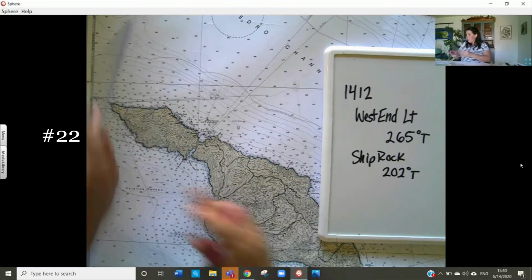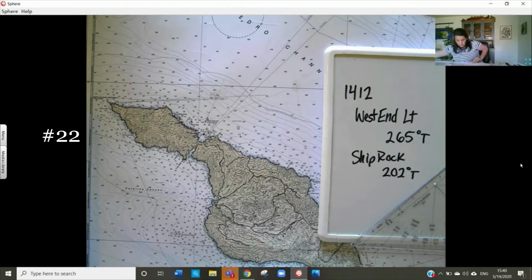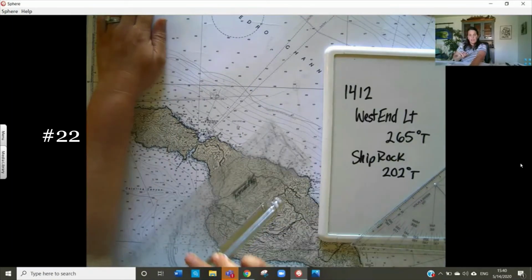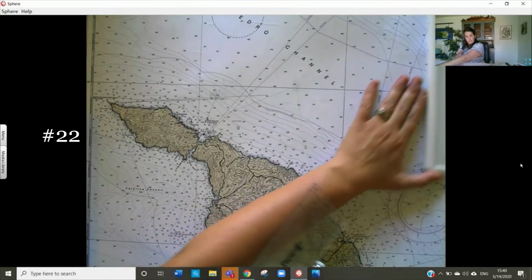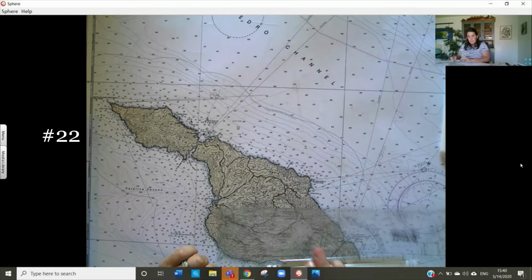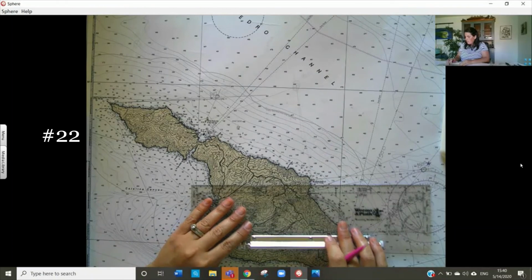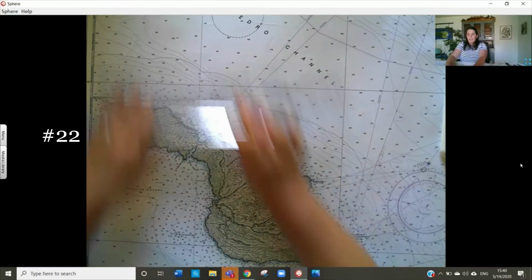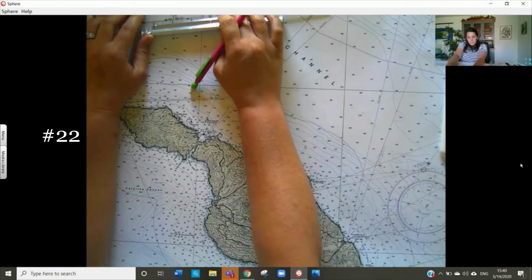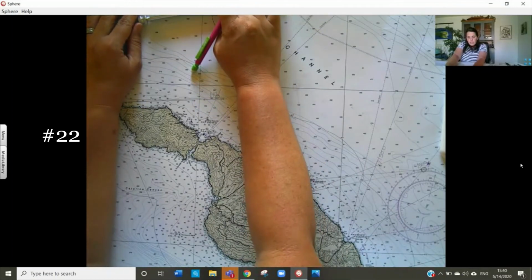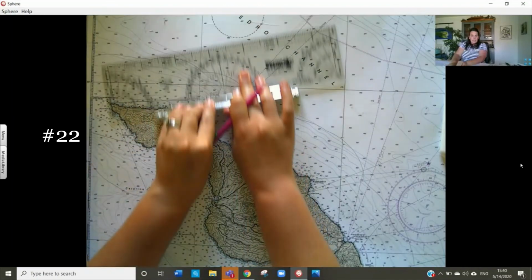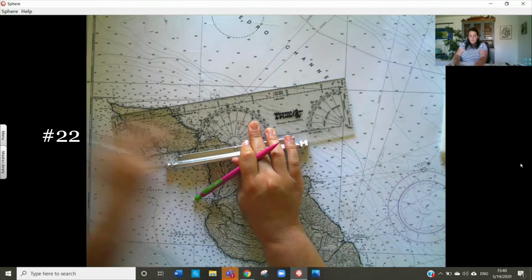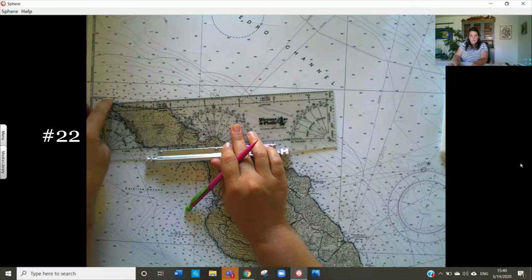So again, I can do that with a roll plotter. I guess you can see this one would be hard to use because they're both pretty westerly, but there is one up here you can get to for our 262, and then just bring it down and plot it.